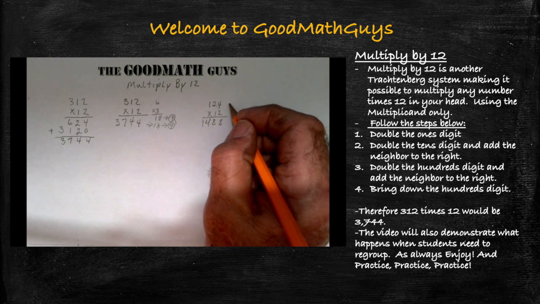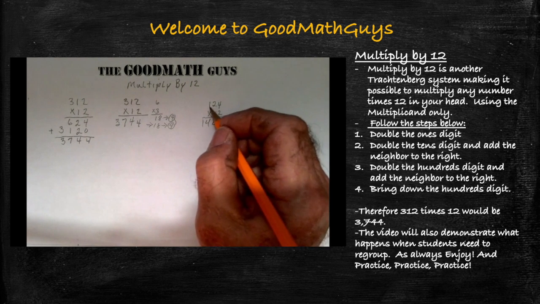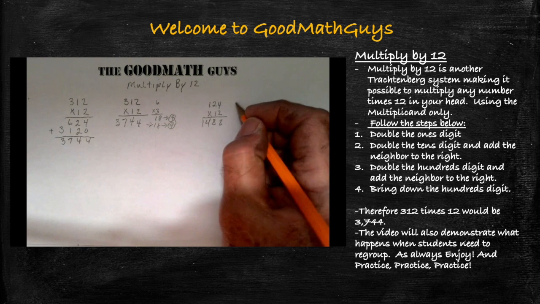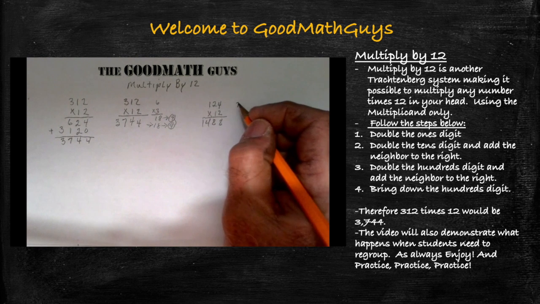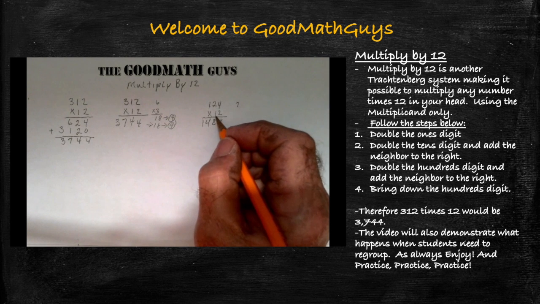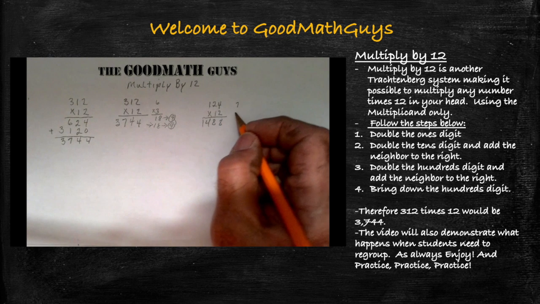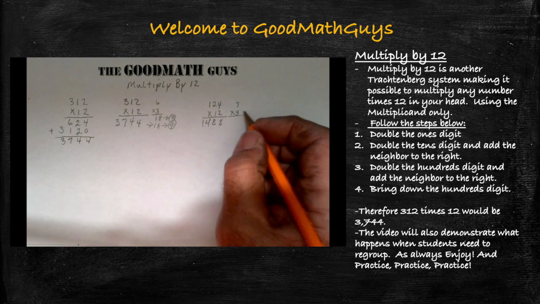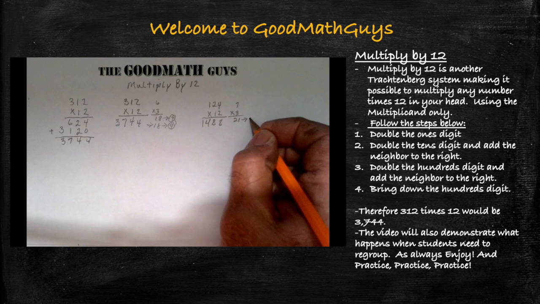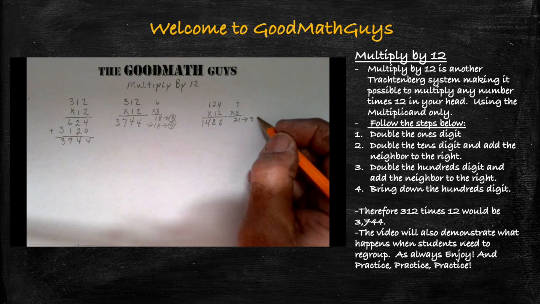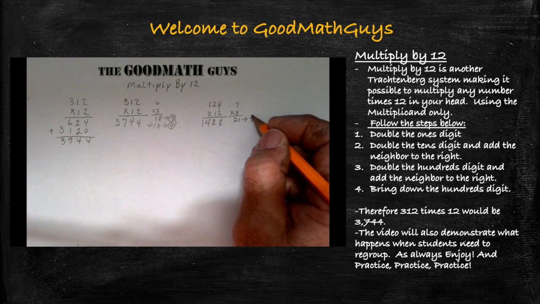Let's use digit roots to check. 1 plus 2 is 3, plus 4 is 7, so the digit root for 124 is 7. Digit root for 12 again is 3. We're doing a multiplication problem. 3 times 7 is 21. 21 is not a digit. 2 plus 1 is 3. So our magic number here is a 3.